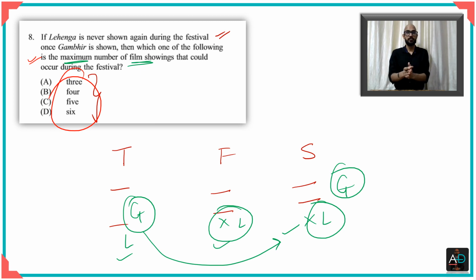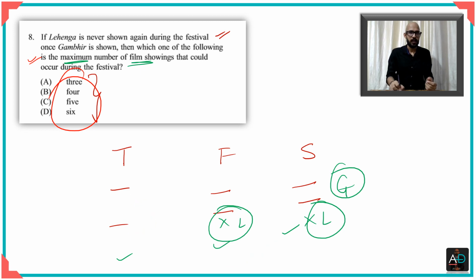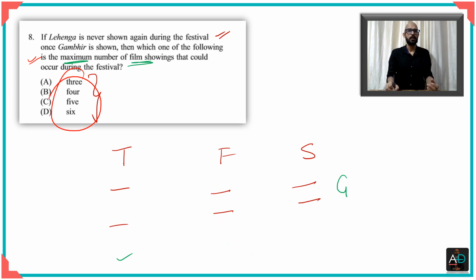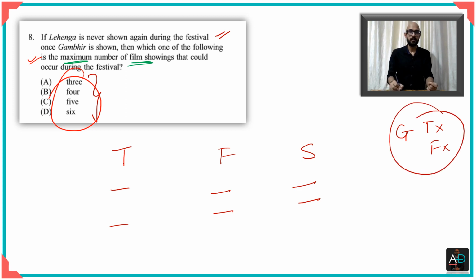If lehenga can be shown everywhere, the total number of films can be higher. So this will be our strategy. Let us try to see what is the possible combination when we keep Gambhir at the end, which means we do not show Gambhir on Thursday and Friday. This is our strategy, right?